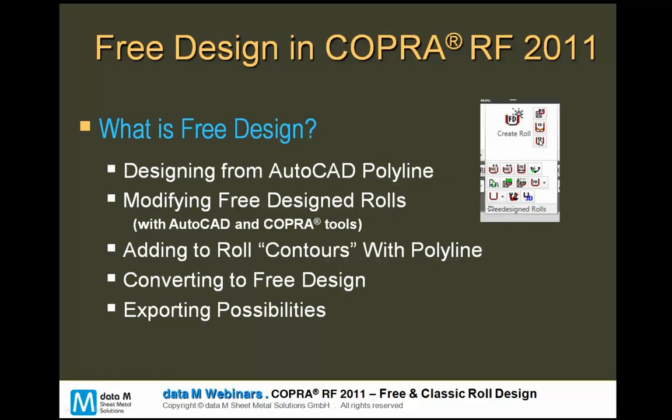So, what is free design? Free design gives us the possibility to design rolls into the Copra database directly from AutoCAD polylines. So if we've been a long-term user of AutoCAD to design our roll tools, it makes things very simple for us. We will then look at modifying these free-designed rolls. There are possibilities to do this traditionally with AutoCAD and also by using some Copra tools.